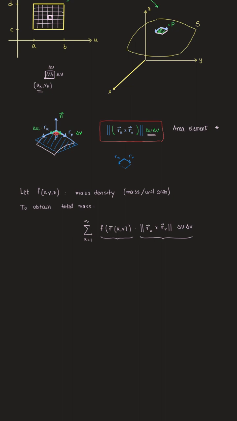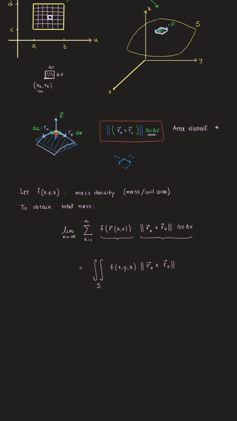What we want is to take the limit as the number of rectangles on our uv plane goes to infinity, which corresponds to the number of little patches on the surface getting arbitrarily small. Then this gives us a double integral over our surface of our mass density function, f of x, y, z, times the magnitude of the partial of our vector function with respect to u crossed with the partial with respect to v.